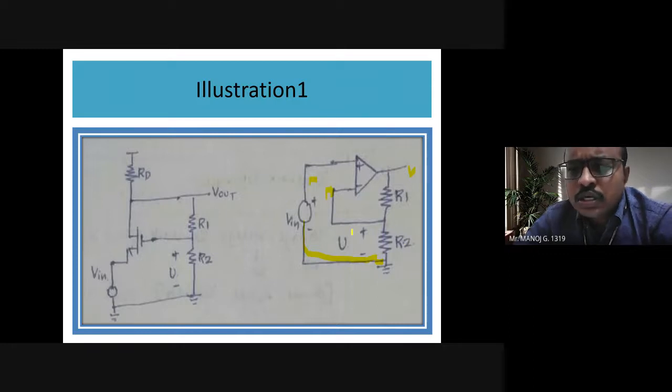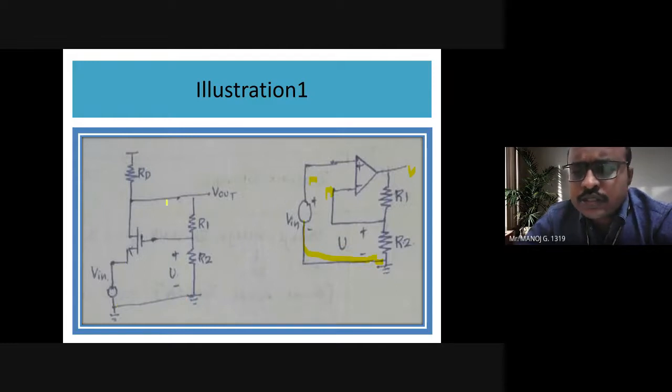So this is a basic circuit which is given to you. I think we've already seen the same circuit previously. When you make the transistor version of it, it's a common source amplifier. This is the input given, and then you have the two resistances, which is voltage divider bias, and the negative feedback is given here, right?